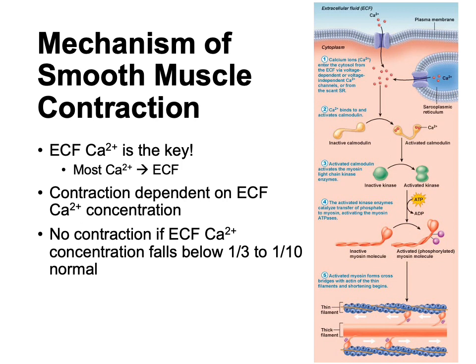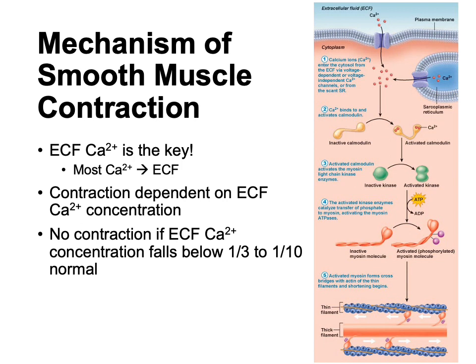There's no contraction if extracellular fluid calcium concentration falls below 1/3 to 1/10 of normal levels. In the mechanism of a contraction of smooth muscle, no matter what the stimulus is, voltage-gated calcium channels on the sarcolemma will open, allowing calcium to enter the cell from the extracellular fluid.